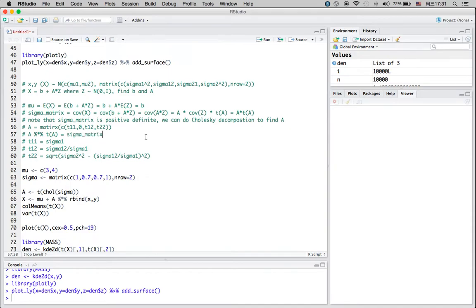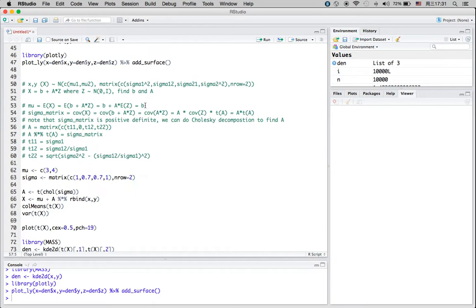Then you do some algebra to find T11, T12, T22 of this A matrix. I already give the answer, but feel free to pause the video and derive it yourself. T11 is just sigma 1, and you use these three elements to construct your A matrix.